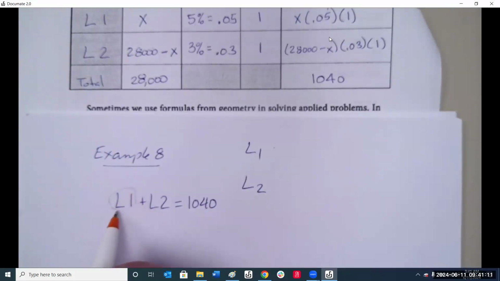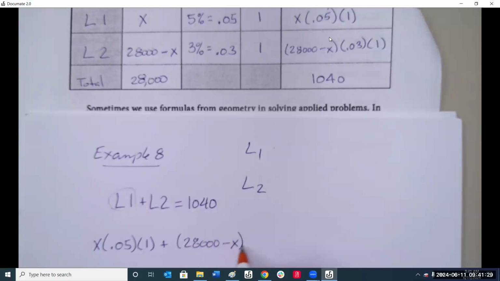So the interest of loan 1 is X times 0.05 times 1, that's the interest, plus 28,000 minus x times 0.03 times 1, and all that has to equal 1,040.